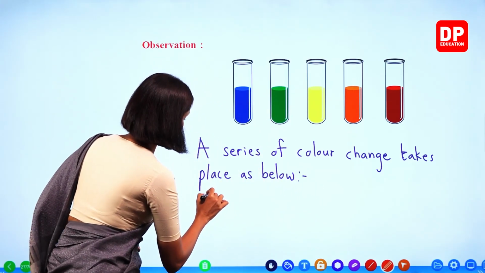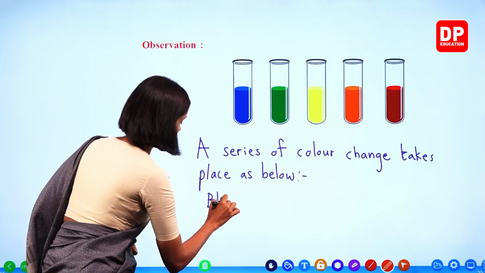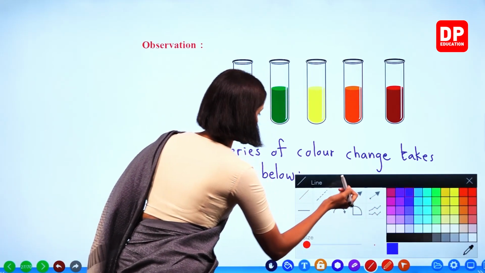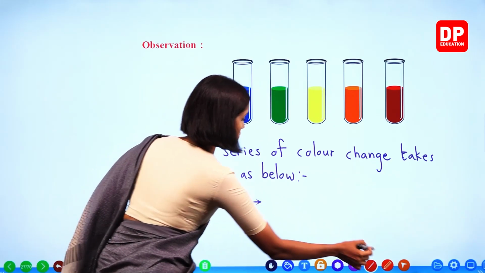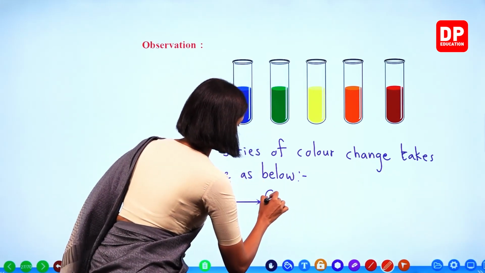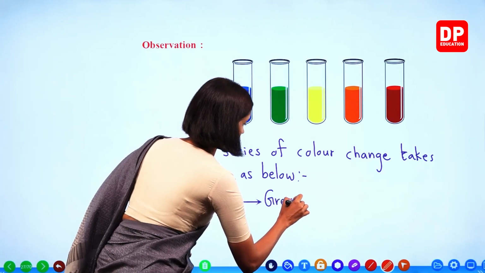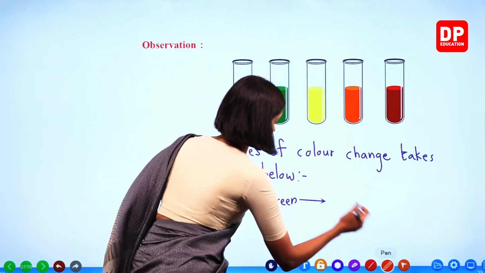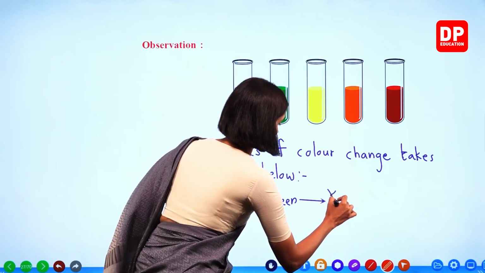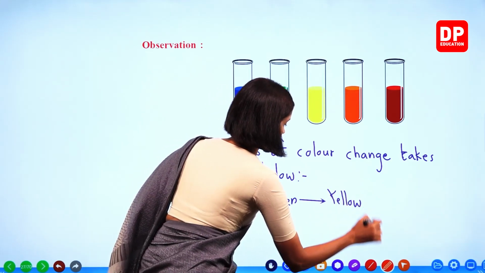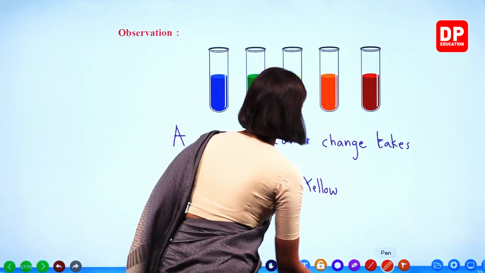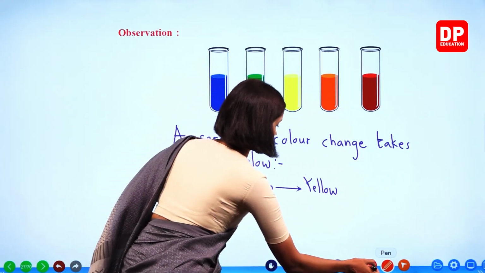Right? Blue color changes to green. Then green changes to yellow. Right.